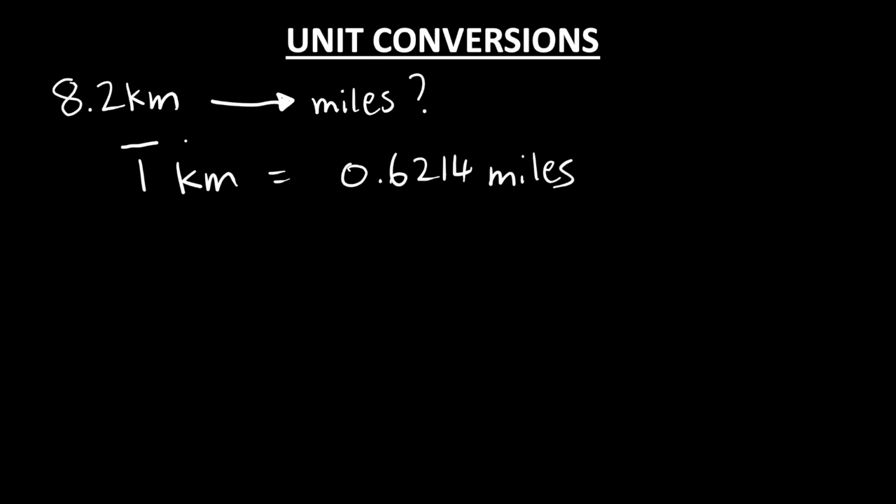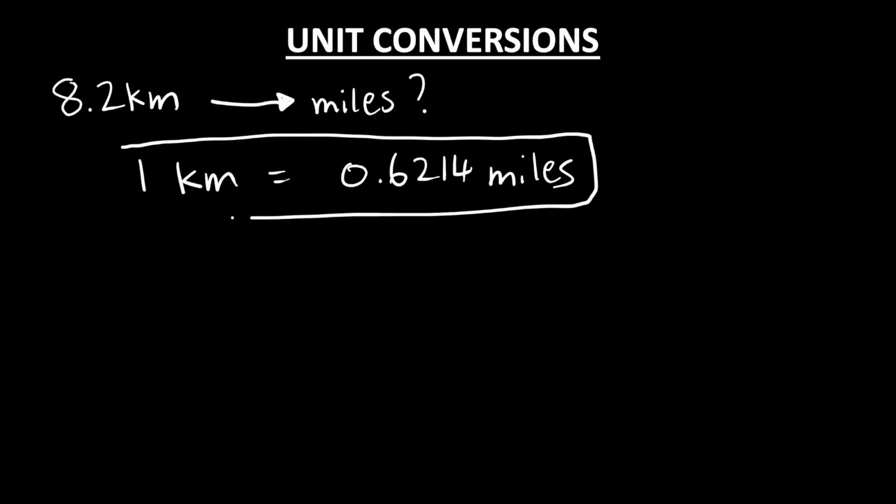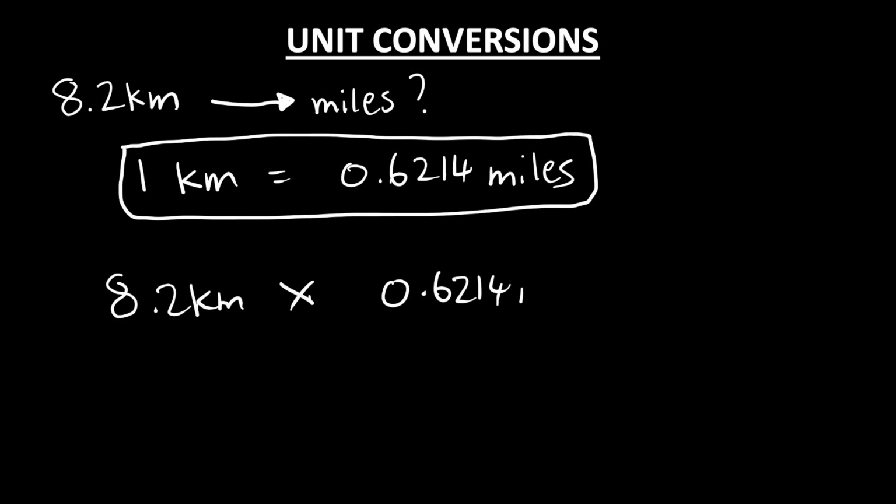So this is how we do it. We take the 8.2 kilometers, we multiply it by 0.6214 miles over 1 kilometer. By doing this, we can cancel kilometer, leaving our answer in miles.